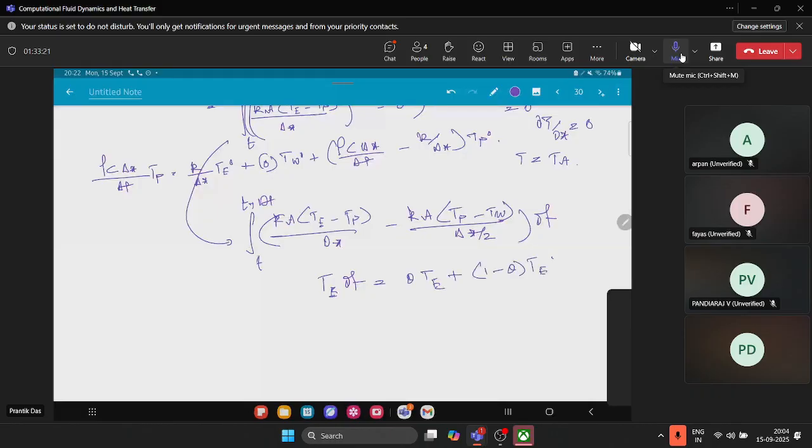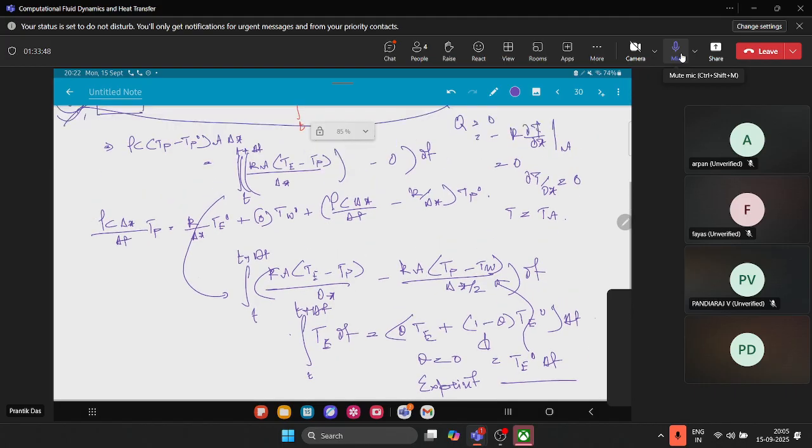Since we are assuming theta to be equal to 0, which is basically your explicit condition, the integration from t to t plus delta t reduces to Te naught delta t. Okay, so you can directly put it here and then you can solve it. Depending upon the problem itself, you can change it. Is it clear to all of you?